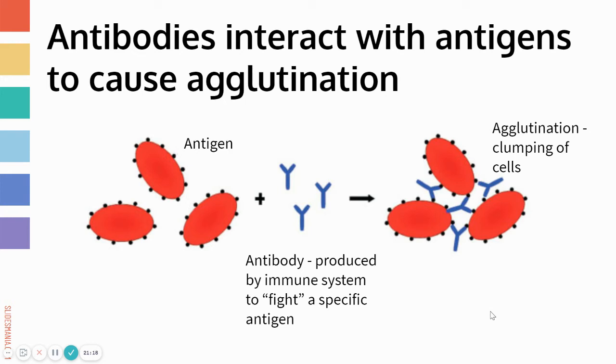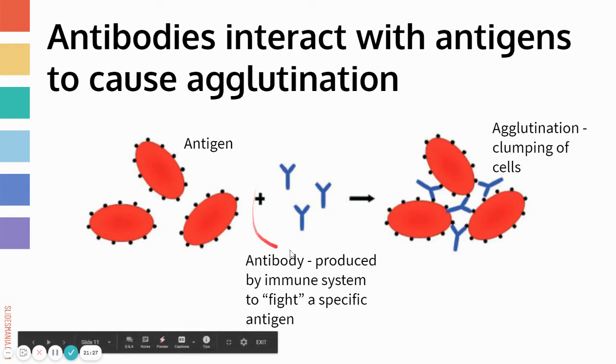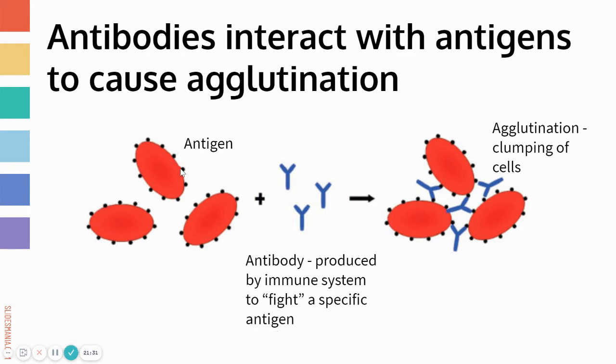And this makes it easier for our immune system to get rid of these cells that our antibodies have recognized. So antibodies, these molecules produced by our immune system, attach to antigens on the surface of a cell, and then they'll cause this clumping, and it'll make it easier for our immune system to get rid of these cells.